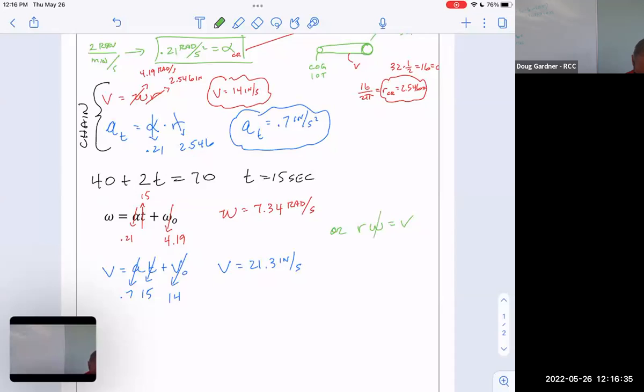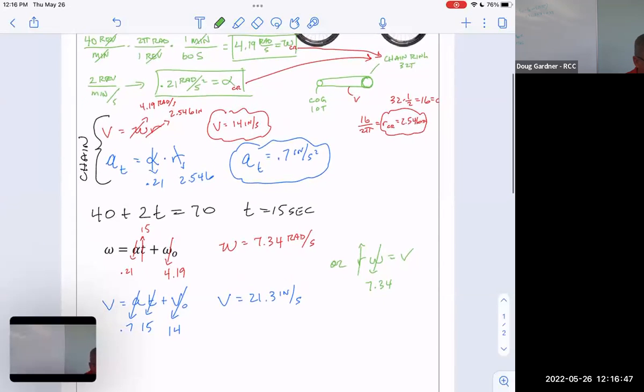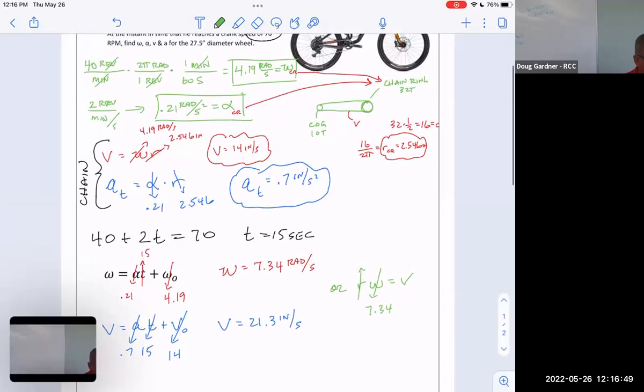So I could have said, okay, omega we just calculated as 7.34, and the radius of that cog in the front was 2.546. That front cog was 32 teeth. Radius was 2.546.